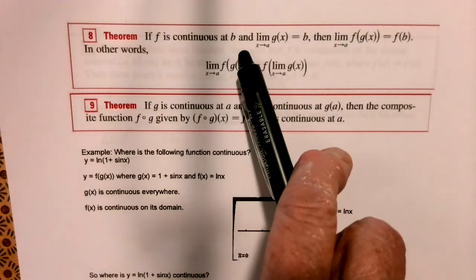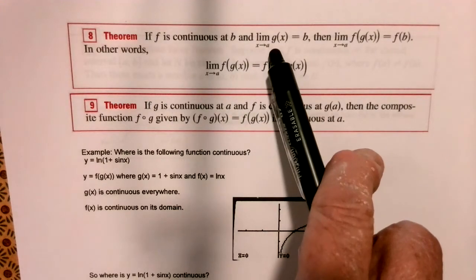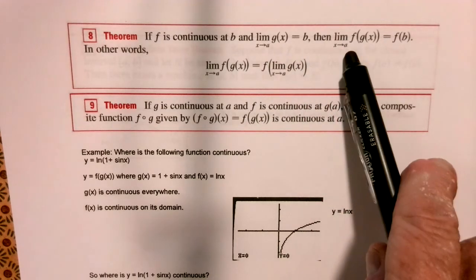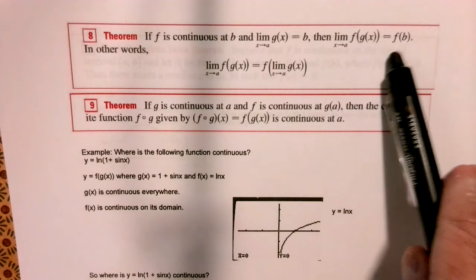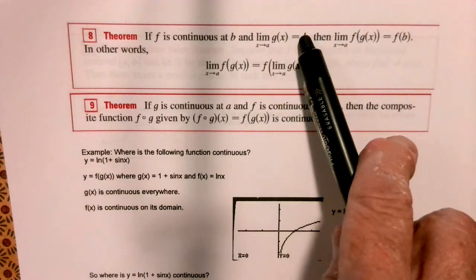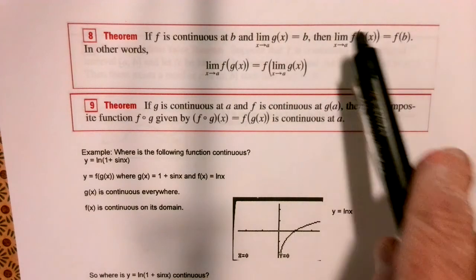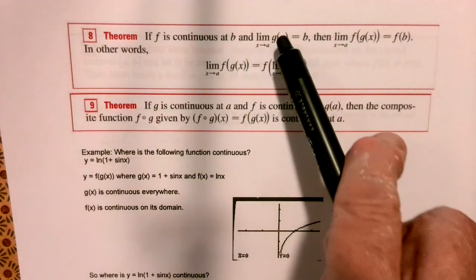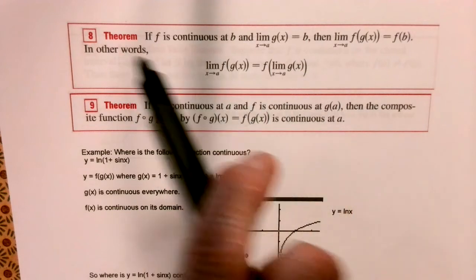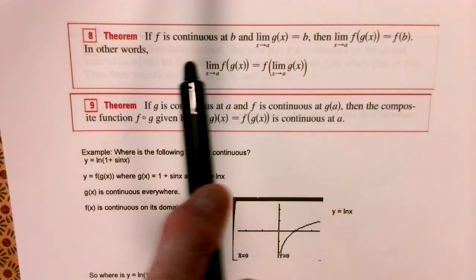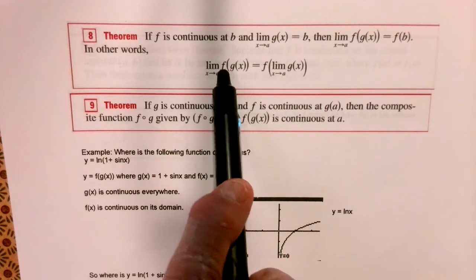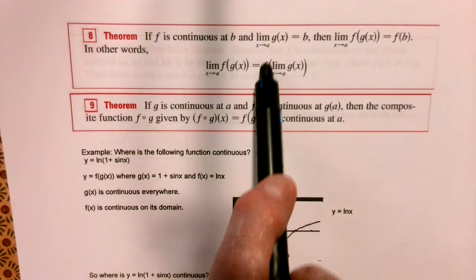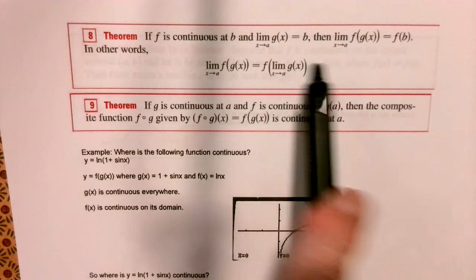If f is continuous at b and the limit as x goes to a of g of x is b, then the limit as x goes to a of f of g of x is f of b. So we can just substitute in b for g of x since the limit as x goes to a of g of x is b. In other words, you can say the limit as x goes to a of the composite f of g of x is equal to f of the limit as x goes to a of g of x.